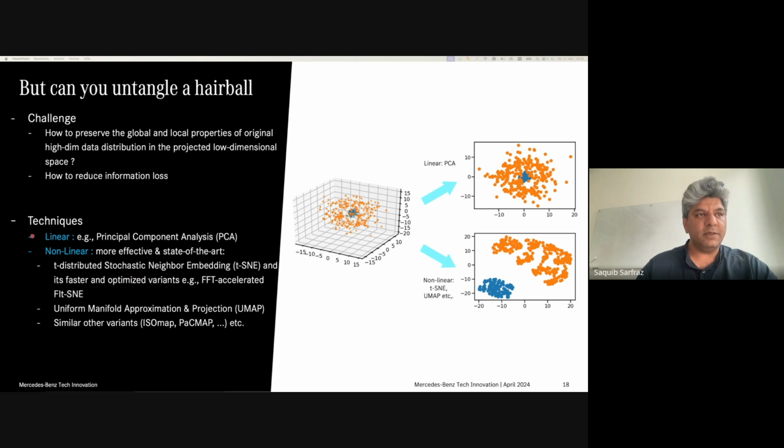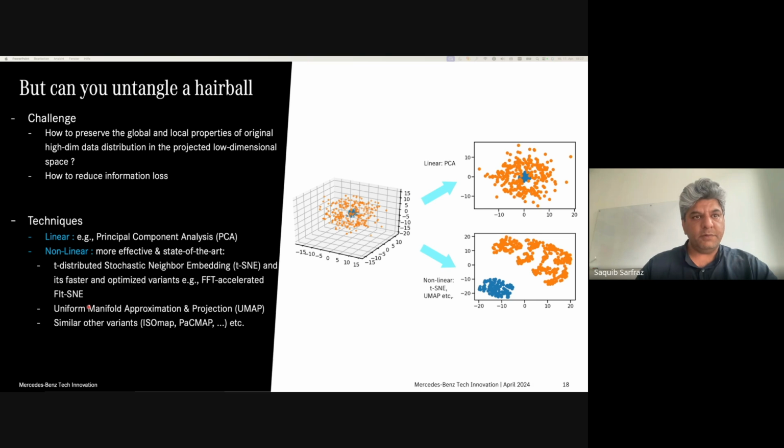We know that principal component analysis is one well-known classic linear approach to dimensionality reduction. But since it is linear, it probably won't project the data in a way that shows you the clear separation of the different data that you have in the higher dimensional space. For that reason, nonlinear methods are quite a bit more effective and state of the art. t-distributed stochastic neighbor embedding, or t-SNE, has been really popular for more than 15 years.